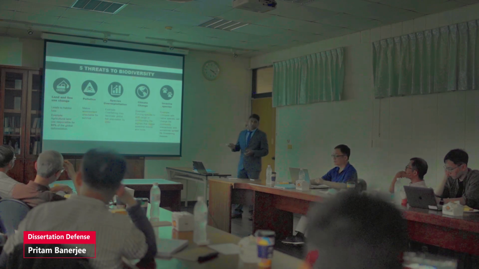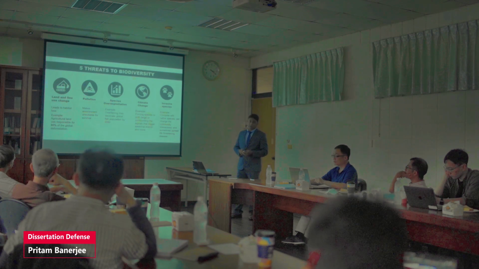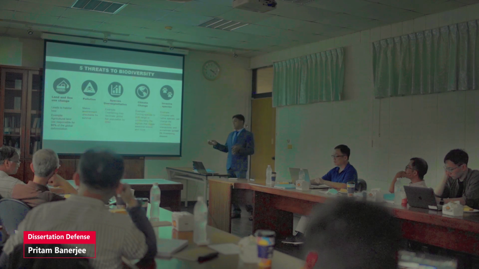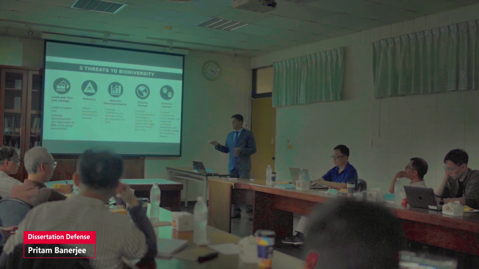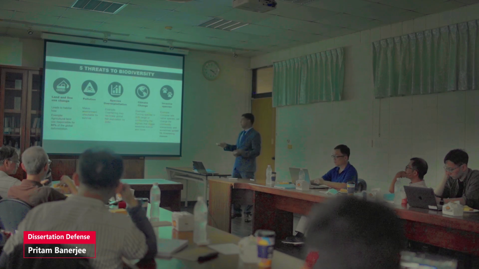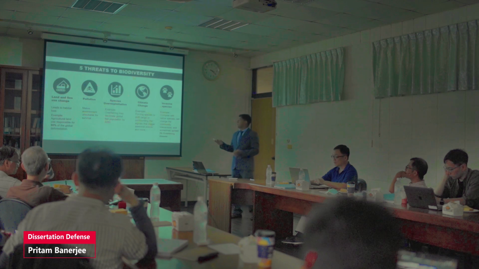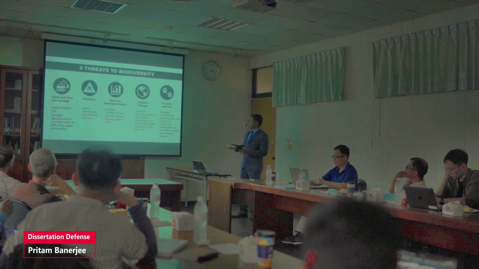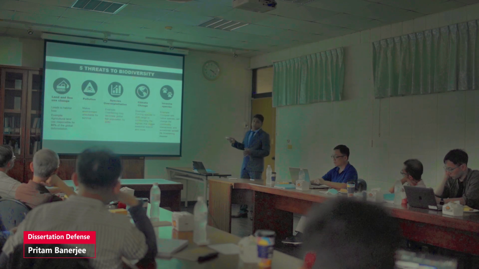Next is pollution, another key factor. Another one is species overexploitation. For example, if we continue to eat fish this way without knowing their actual biology, we will lose half of our fish population by 2050. Another one is climate change, as I focused on before, and the other one is invasive species.